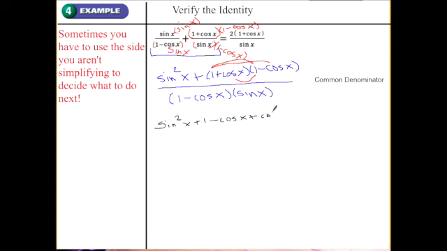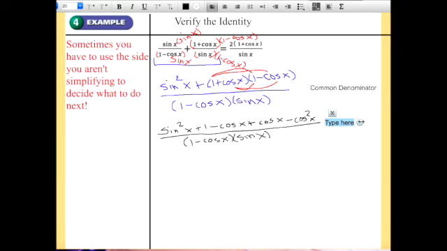And then I'll get cosine times negative cosine, which is a negative cosine squared. All divided by, and again, I'm not going to distribute that denominator yet because I'm really hoping that I'm going to be able to reduce this fraction and get that sine of x alone down there. That's my hope anyways. So my justification here was just I used the distributive property.